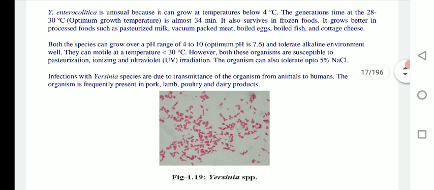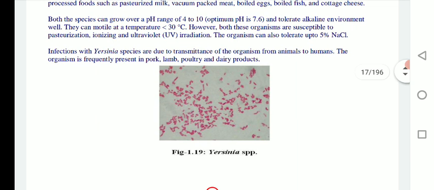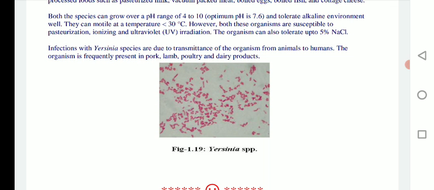The organism can also tolerate salt concentrations up to 5%, and infections with Yersinia species are due to transmission of this organism from animals to humans.